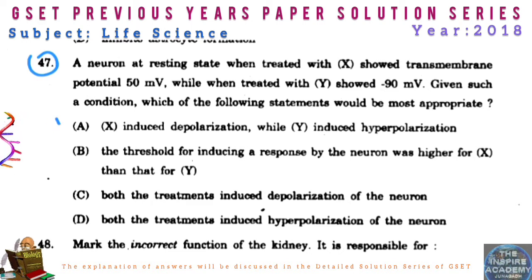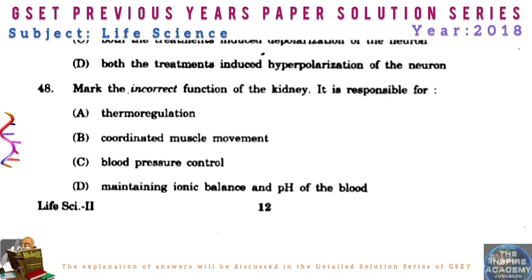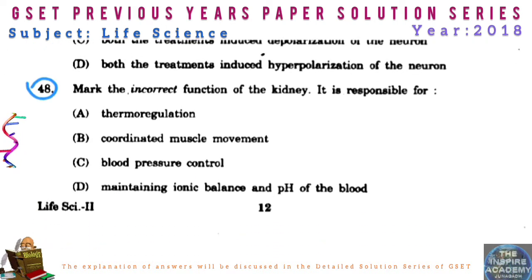Here the correct answer is A. X induced depolarization while Y induced hyperpolarization. Question number 48. Mark the incorrect function of the kidney. It is responsible for coordinated muscle movement. This is not the function of kidney.